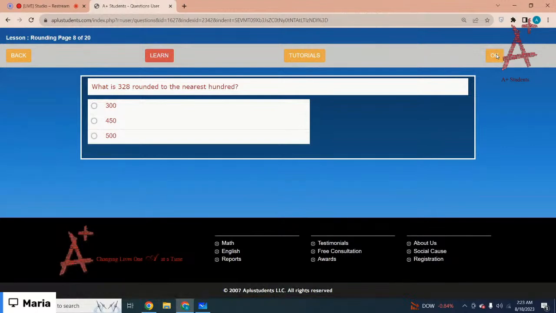What is 328 rounded to the nearest 100, which is the correct option? 328 to the nearest 100. Very good. 328 is rounded to 300.